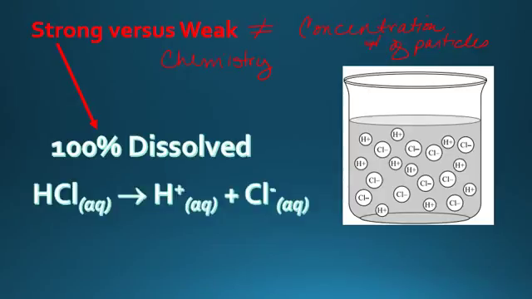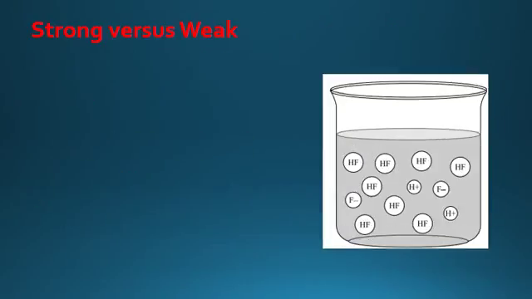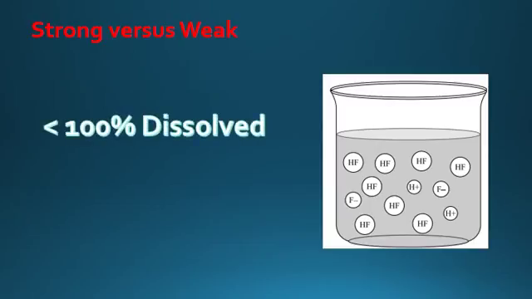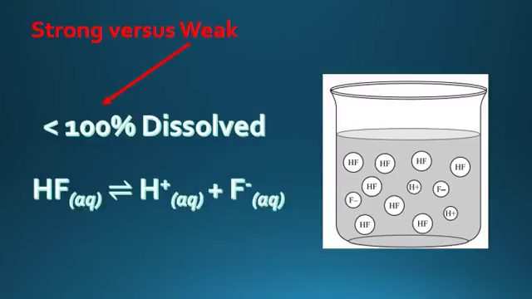So if I took hydrochloric acid, an aqueous solution, put it in water, it's going to 100% break apart into hydrogen ions and chlorine ions. The word weak, again, has nothing to do with concentration. Weak means it is less than 100% dissolved. So if I take hydrofluoric acid, dissolve it in water, some of it breaks apart into the two ions, but notice this, some of it stays as HF, and you can see that here in this picture. That's what a weak solution is.